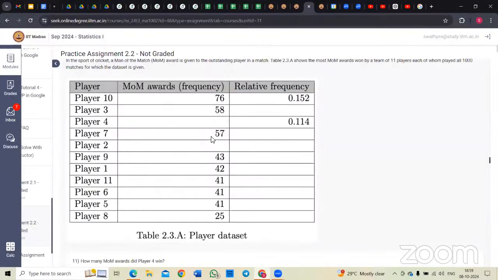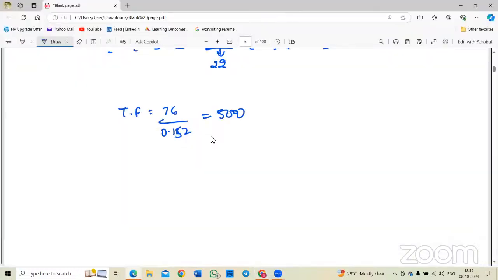Now we have to calculate the frequency of player 4. But we have been given the relative frequency, right? So we have the total frequency, and we have the relative frequency, which is 0.114. We can calculate the frequency, which will be, what will be the formula?